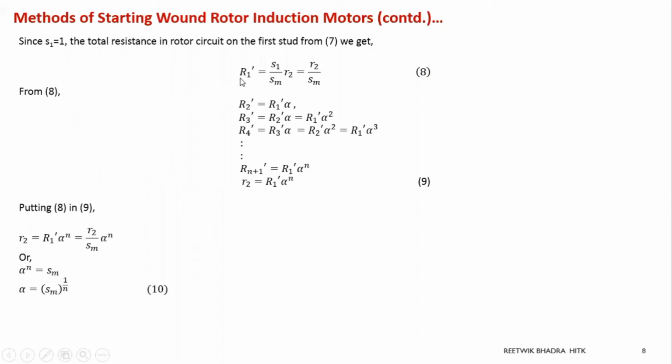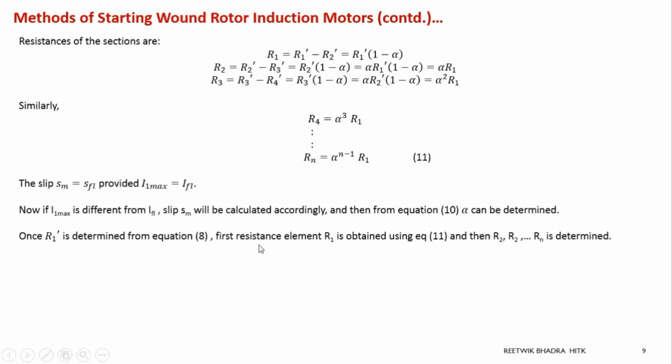Then calculate R1 dash, and then R2 dash, R3 dash, R4 dash. Then go for the calculation of R1, R2, R3 down to Rn. All this should be done according to the steps: first slip, then alpha, then the dash values, which are the stud resistance values, then the individual resistance values. All these points are written over here, so you can go through them.